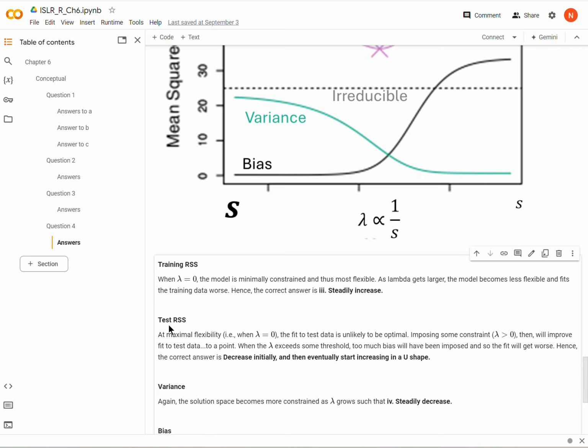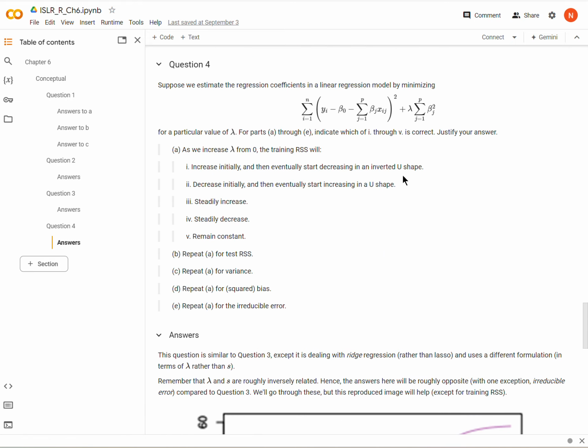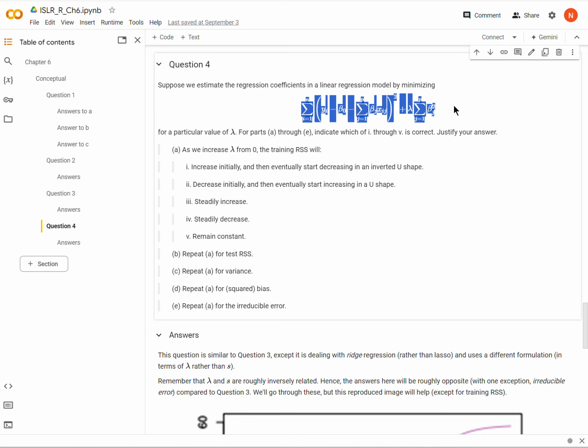Okay, so how about now for the testing residual sum of squares? If we go back up here, once again, now we're talking about testing residual sum of squares. Again, as lambda gets bigger, the model gets more and more constrained. As lambda approaches 0, it becomes not necessarily unconstrained, but constrained only based on the normal least squares criterion.